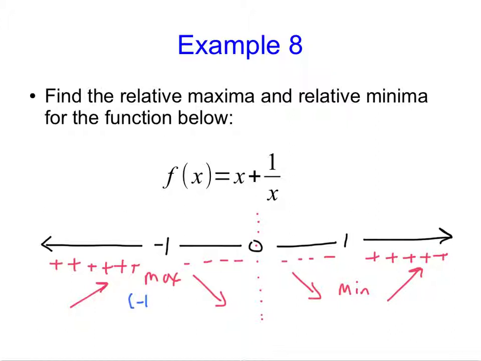So this is (-1, -2) for the maximum, relative maximum. And when I plug in 1, I get 1 plus 1, which is 2. So that minimum is (1, 2). Notice the maximum is actually lower on the y-axis than the minimum is. But remember that asymptote came into play in this graph. So let's take a look and see if we were right.